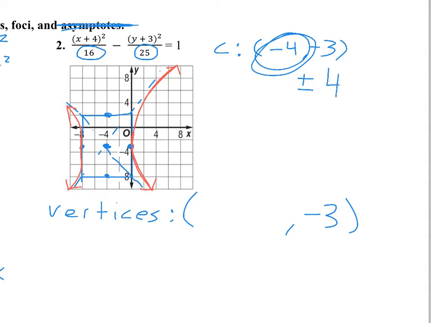So what's -4 plus 4? That would be 0. And we have another vertex. What's -4 minus 4? That would be -8. So these are our vertices. And I can't write plus or minus because they're not the same number anymore. One's 0, one's -8.